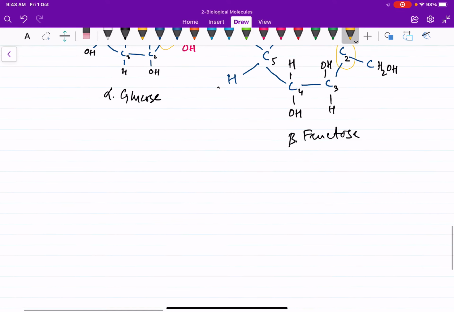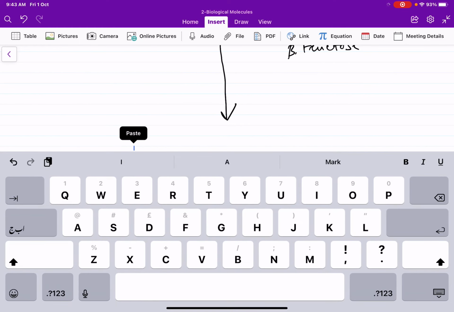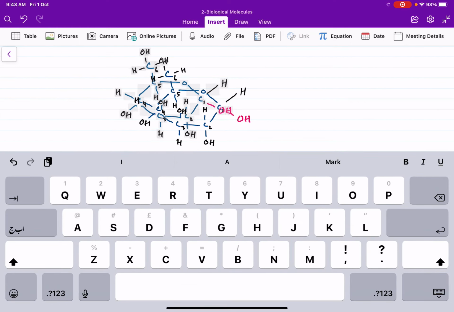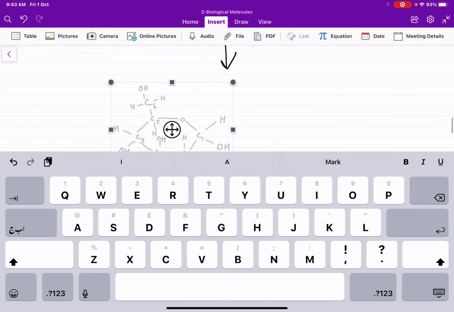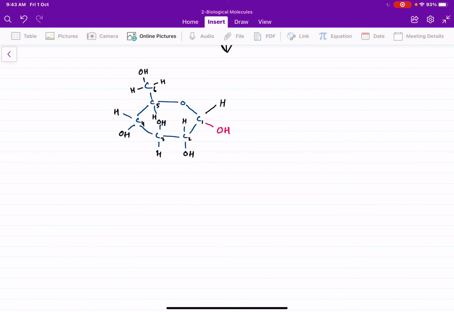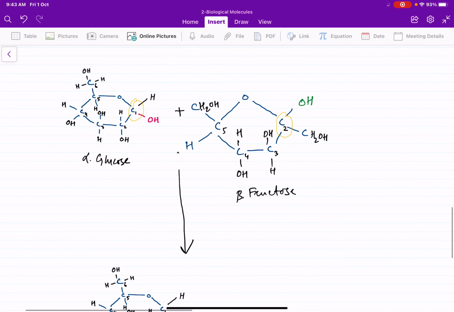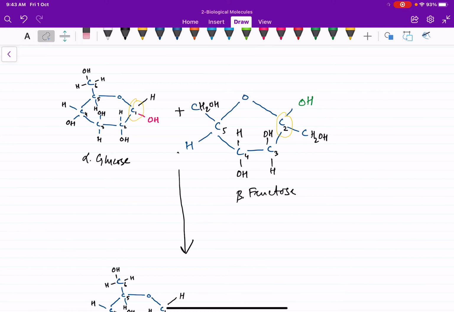Okay, so let me write that again. So this is an alpha glucose, and I'll copy this fructose as well.